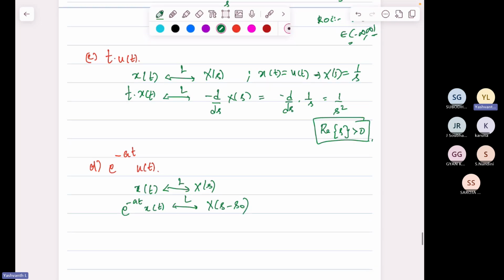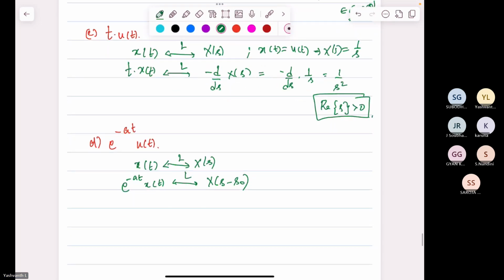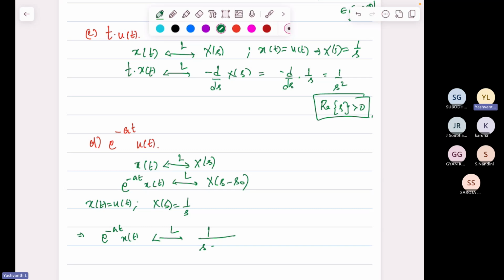That is basically the shifting in s domain property. So here, let's say x(t) is equal to u(t). Therefore, X(s) is equal to 1 by s. This implies e power minus at x(t) will have the Laplace transform 1 by s plus a, because s naught is equal to minus a.